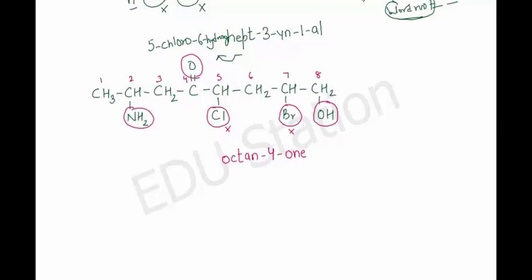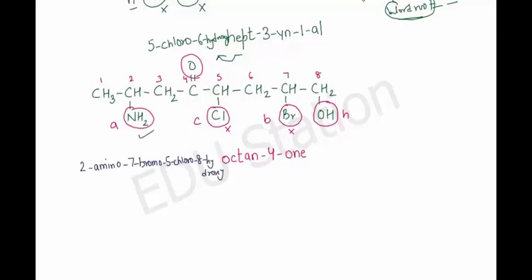Now there are 4 groups which you have not studied: amino, chloro, bromo, hydroxy. We are simply going to write these in alphabetic order. So it will be 2 amino, 7 bromo, 5 chloro, 8 hydroxy, oct and 4 one.